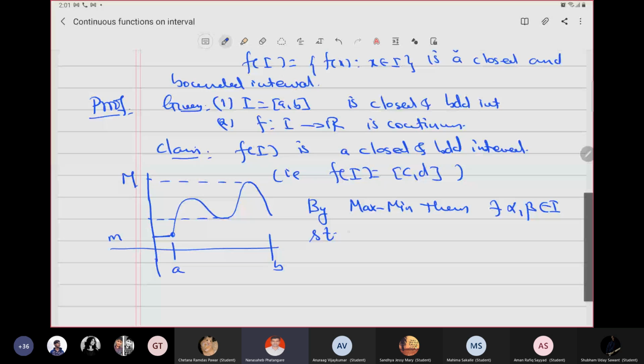And therefore, what is our claim? What we claim is that the range is actually the interval [m, M]. Right?